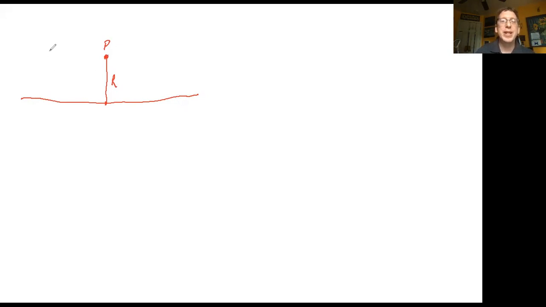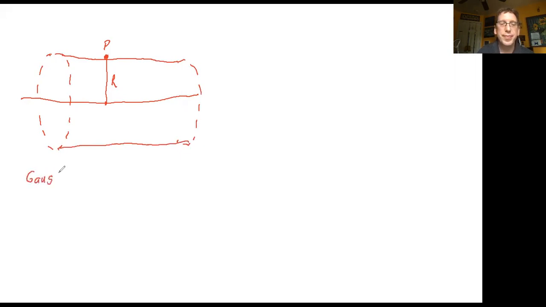What we do is we construct a Gaussian cylinder. It doesn't have to be an actual tangible cylinder, but a Gaussian cylinder of length L and radius r.